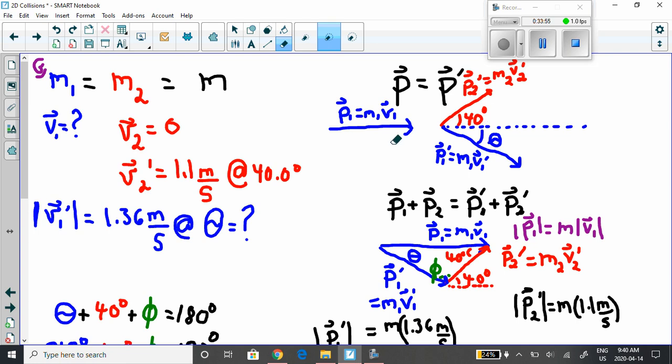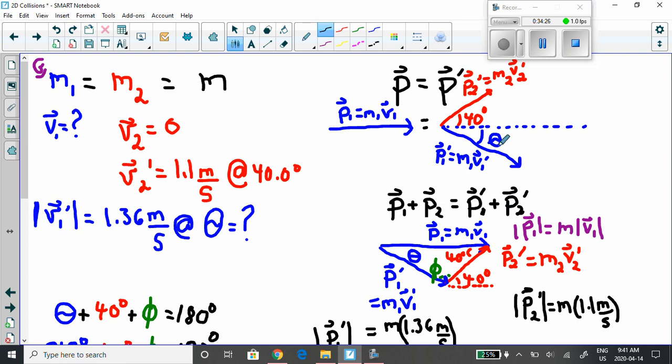This diagram that I've drawn is telling us that this arrow right here has to equal the sum of these arrows. That's what I've drawn here in the equation. P1 before the collision plus P2 before the collision, the momentum before the collision, has to equal the momentum after the collision, which is P1 prime plus P2 prime.